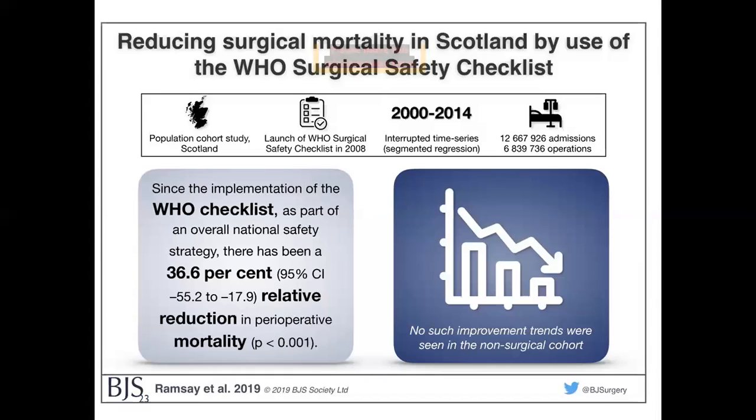So this is how the research question would have been: what percentage of reduction happens in the mortality by use of the WHO surgical safety checklist? This would have been the research question, and by analyzing the surgical safety checklist, which is part of the case records, they have concluded that there is a reduction in the perioperative mortality.